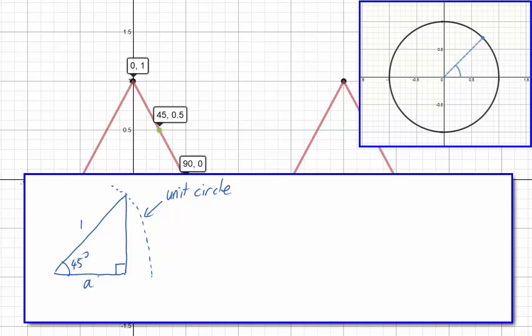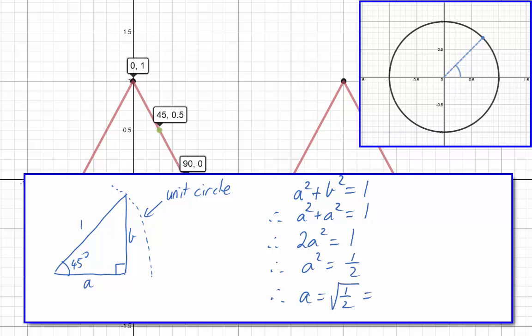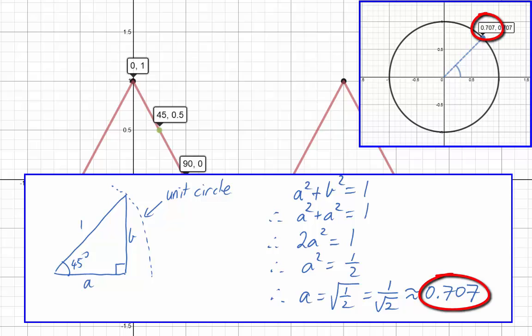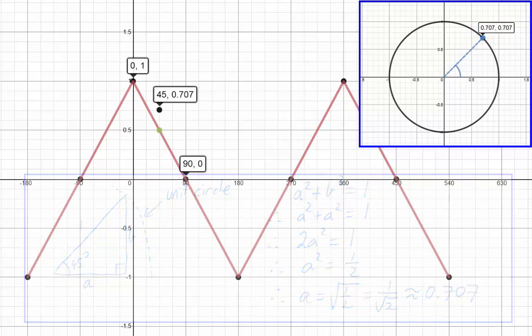The cos value is a, and so we get a squared plus b squared equals 1. But a equals b, so a squared plus a squared equals 1. So a equals 1 on root 2, or about 0.707. This means the actual point is 45, 0.707, so the graph can't just form a zigzag of straight lines.